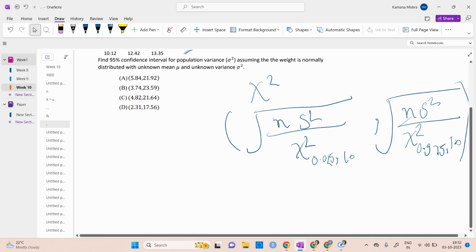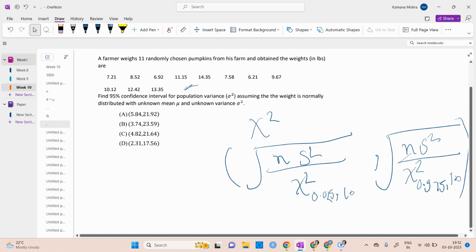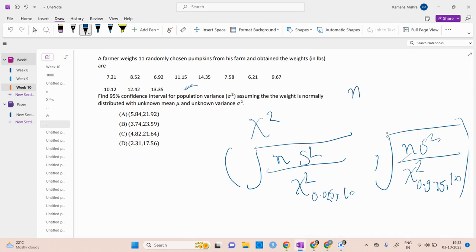So s square we need to find here. N is equal to 11 given, s square you need to find.